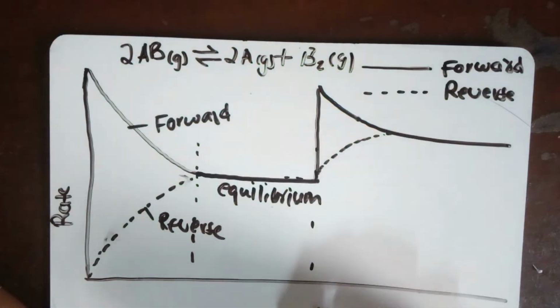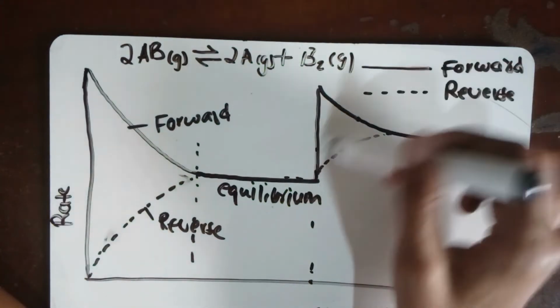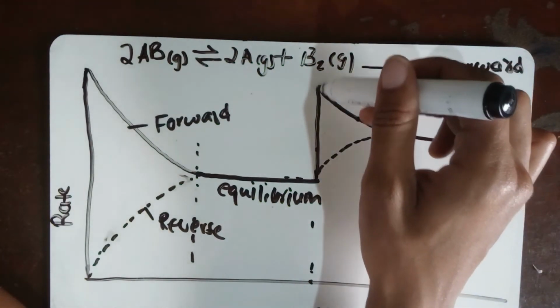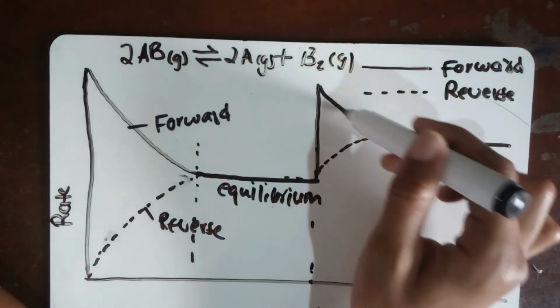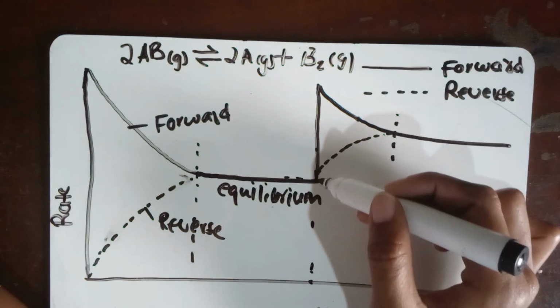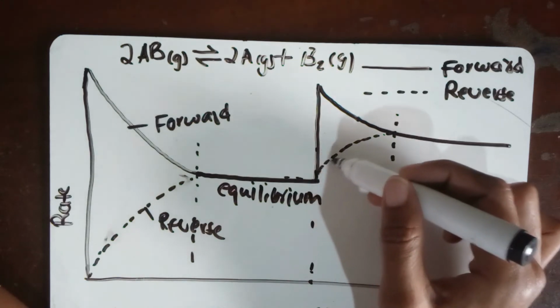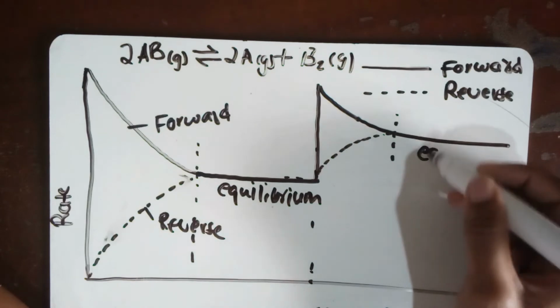Then something happens at this time here. We don't know after how long, but something happens. We have a spike, and then we see that the rate of the forward reaction increased a little bit, then again decreased until it reached another equilibrium here. And the rate of this one also increased from here until a new equilibrium was reached.